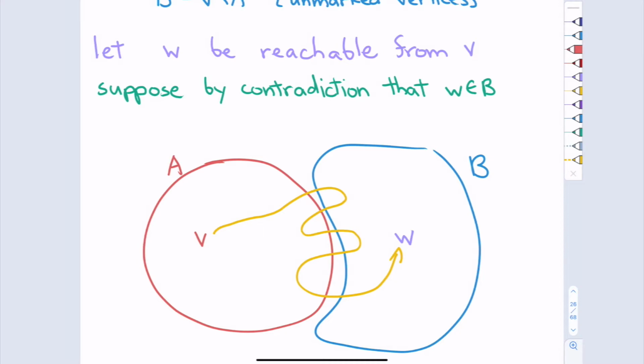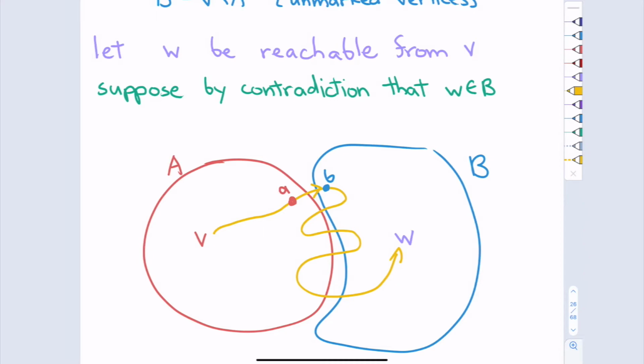So there must be a first vertex, A, that's sort of in capital A, that crosses over along an edge to B, right? So we know the path crosses over. Look at the first time it crosses over. Let A be on the marked side, B on the unmarked side.